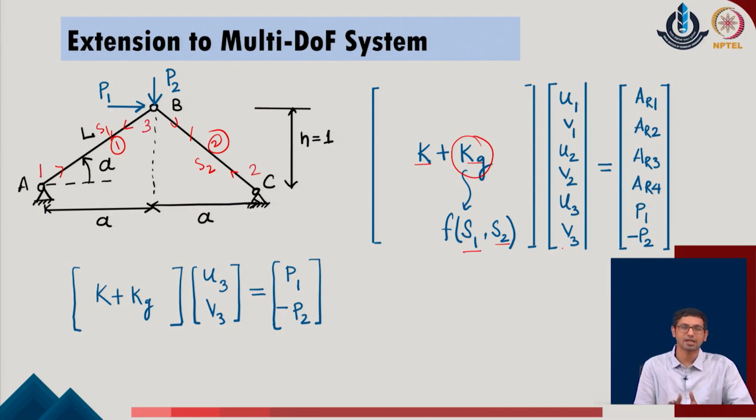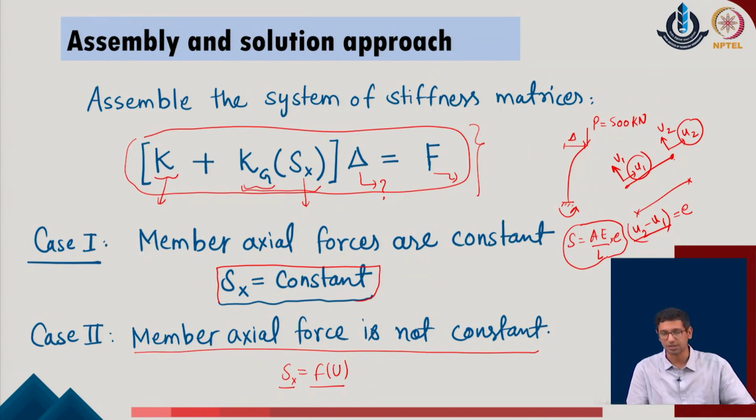What we realize is that S1 and S2 are not constant values, but they also update themselves with the changes in the displacement values of the given system. We have very well seen that as the displacement values change, the internal force of the member can also be modified.